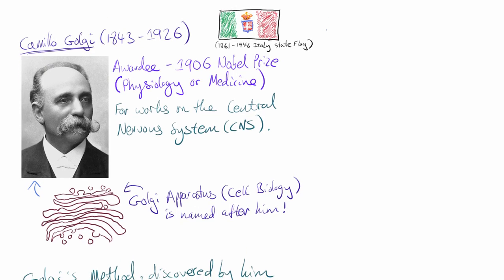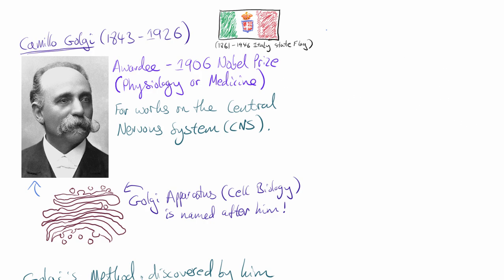So if you study biology, you may have heard of the Golgi apparatus in cell biology, right? The person this was named after is the scientist Camillo Golgi. He's an Italian scientist. At the time when he was awarded his Nobel Prize, here we have the state flag for Italy at that time. It's changed since then, but that's what it used to look like.